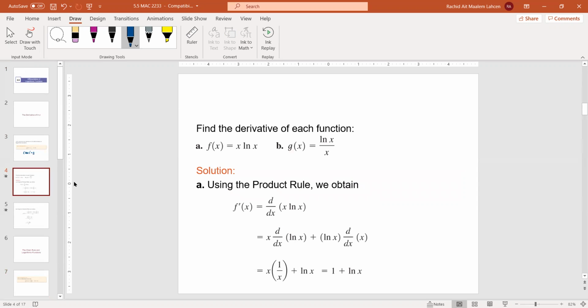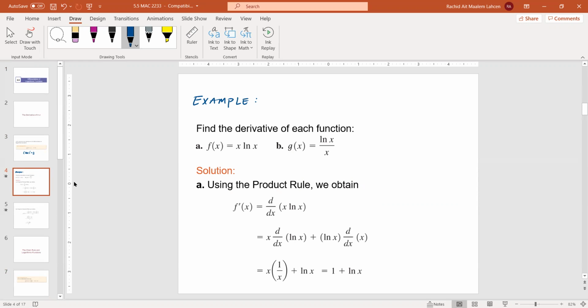So here, let's put examples. Let's say example 1, and you have a and b. F of x is x ln x, which is a multiplication, so we use the product rule there.